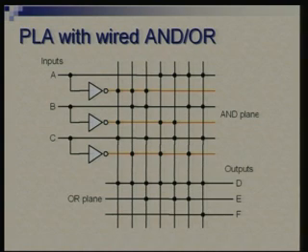So the top part is the AND plane and the bottom part is the OR plane, where each vertical line represents one product term, and you can see that each vertical line is crossing every input and its complement. Okay. So here you have 3 inputs, and therefore the vertical lines which correspond to AND terms or product terms are crossing all possible input lines and their complements. Wherever there is a dot put here, it means that the connection is formed.